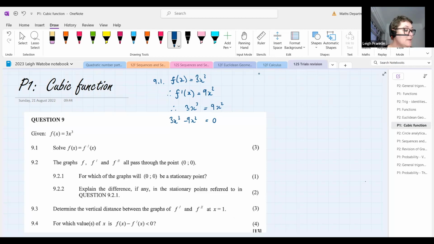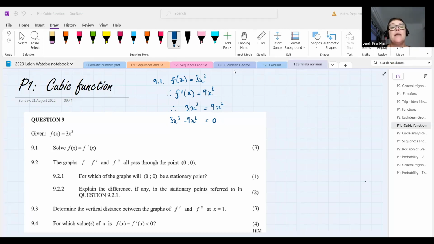What am I going to do now? So Iola says factorize is correct.